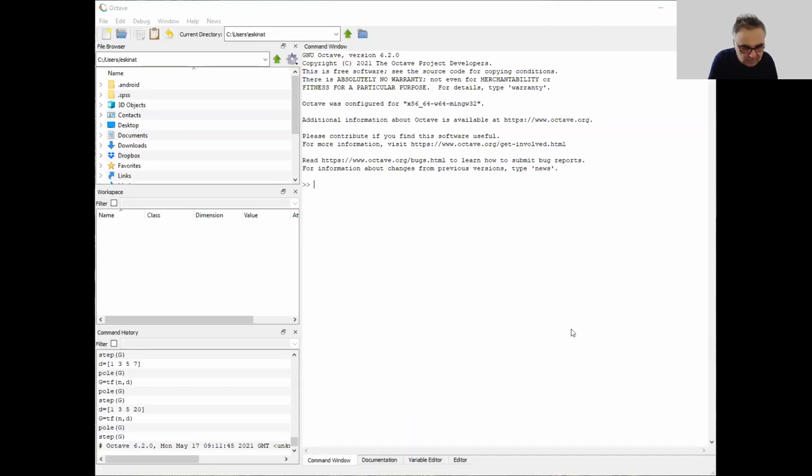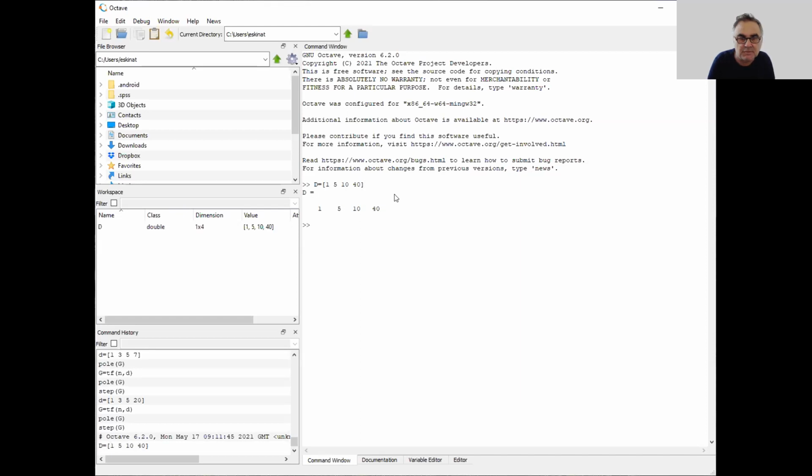What is that? For example, D equals the first one, 1, 5, 10, 40. Let's look at the roots of this one.